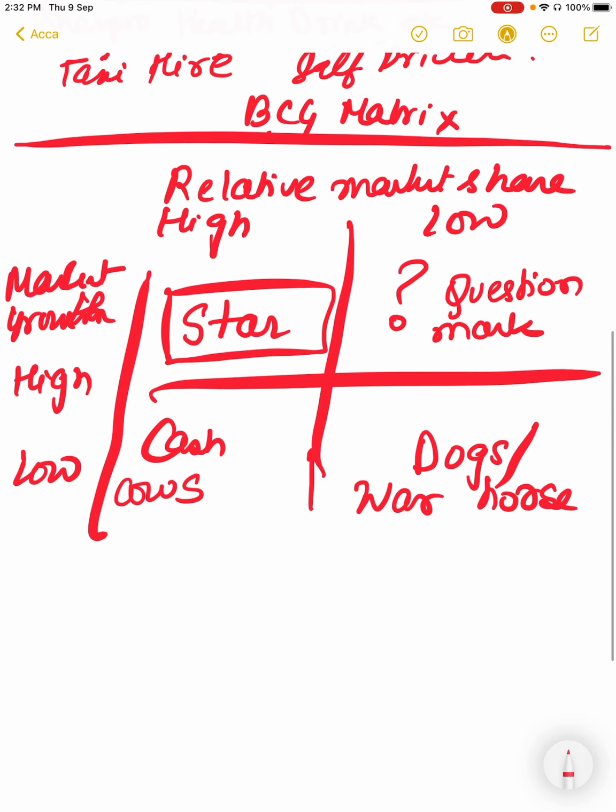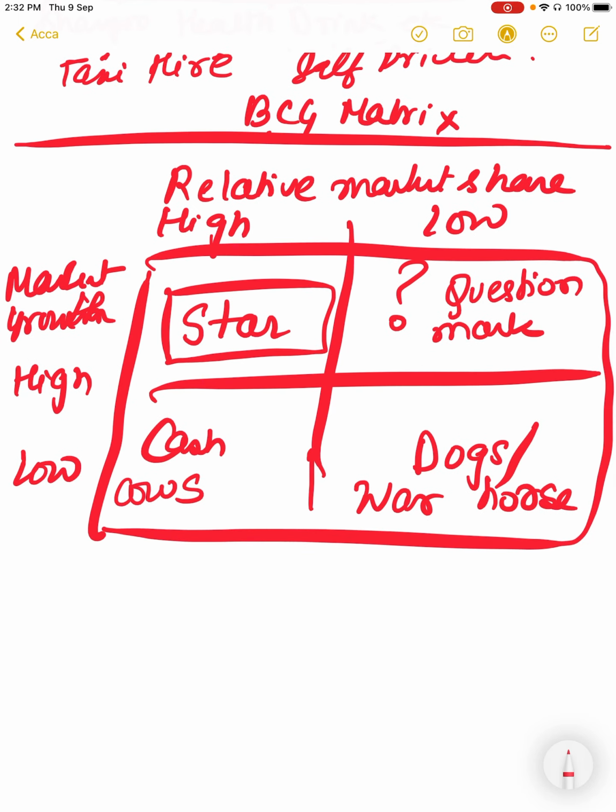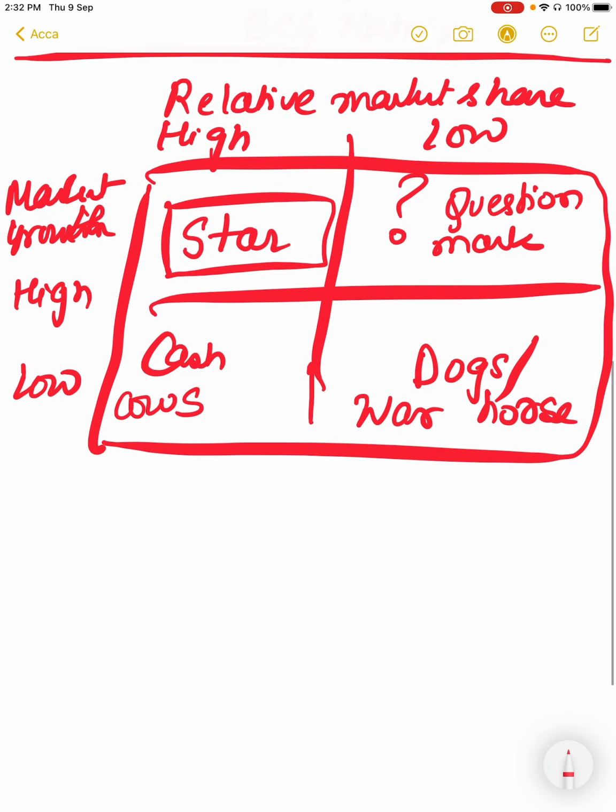So these are four boxes that we have here. Now we can understand from this matrix in itself what it means. If you can remember this matrix alone, you can answer many questions in the exam.